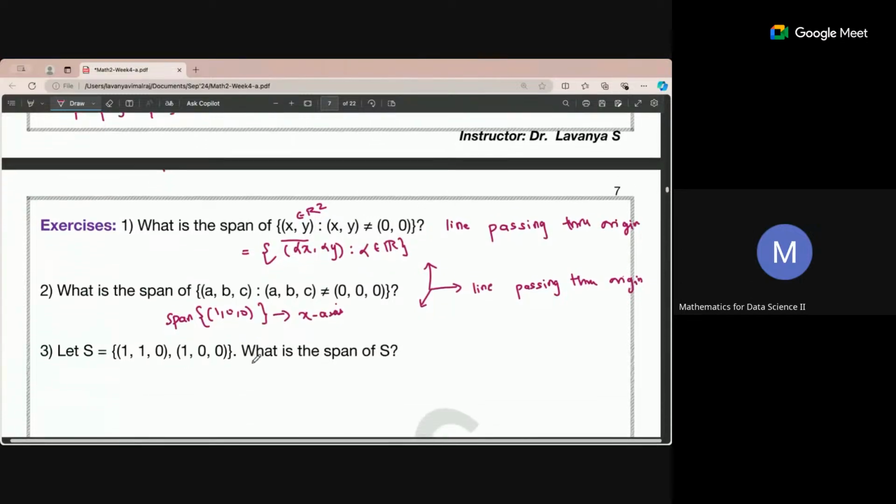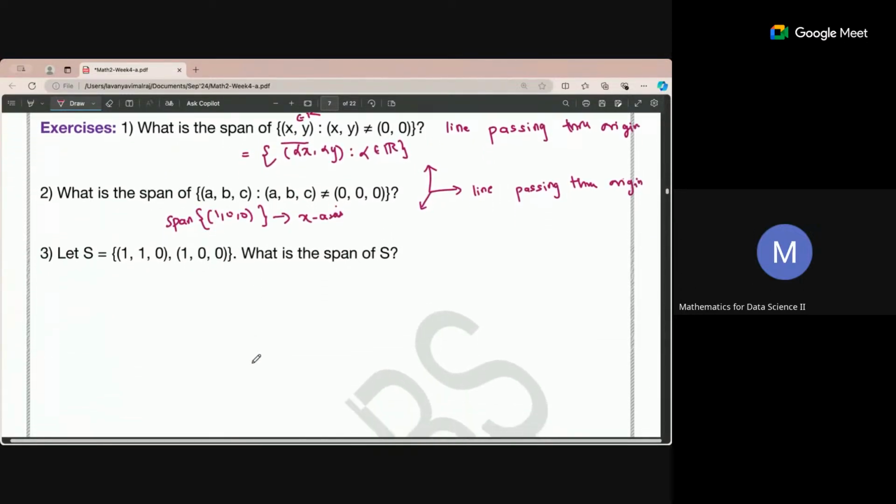Okay, fine. So now consider this set. S is (1, 1, 0), (1, 0, 0). What is the span of S? So let us write the span of S according to the definition. Let us call this V1 and this is V2. Maybe let us do it step by step.